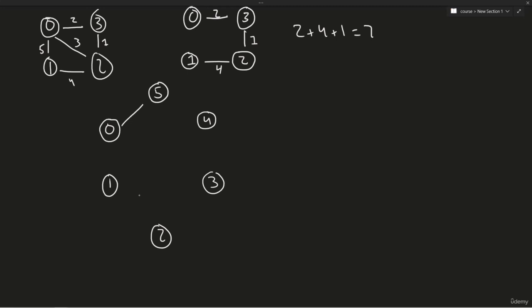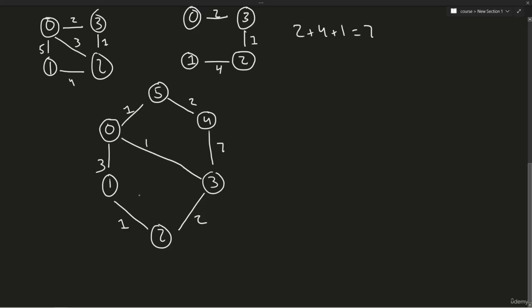And we can have weights 1, 2, 7, 2, 1, 3, 6, 4, and from 4 to 2 we will go 3, and from 1 to 3 we will go 5.